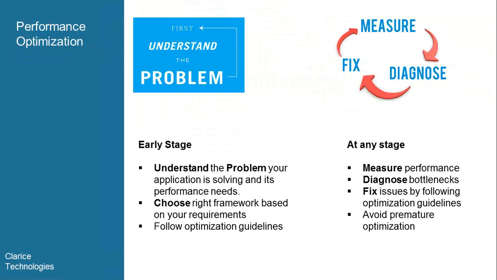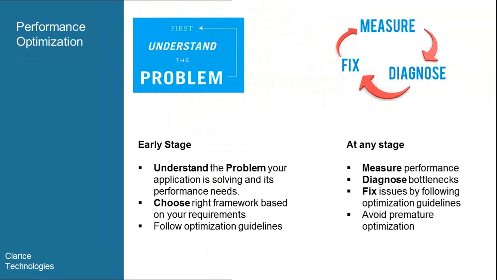So based on the requirements, you should really think it through and use the best possible data structure, but make sure you are not doing premature optimization, because it is the root of all evil.